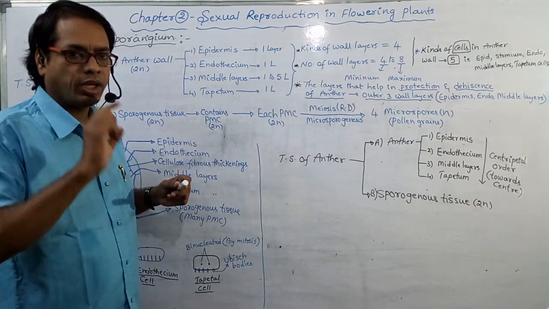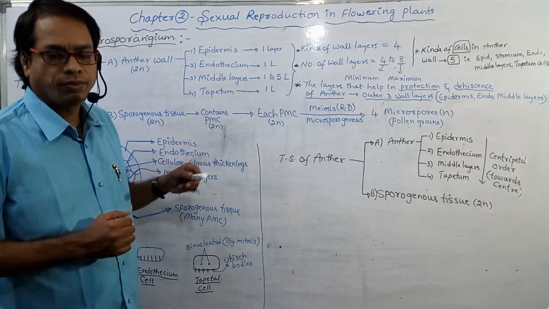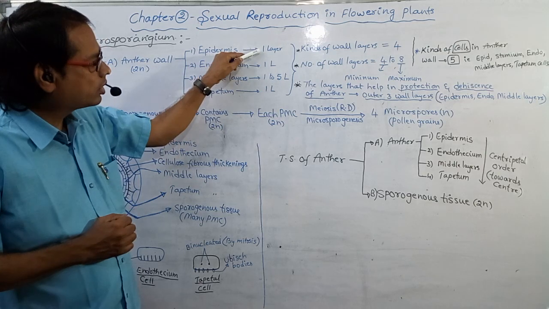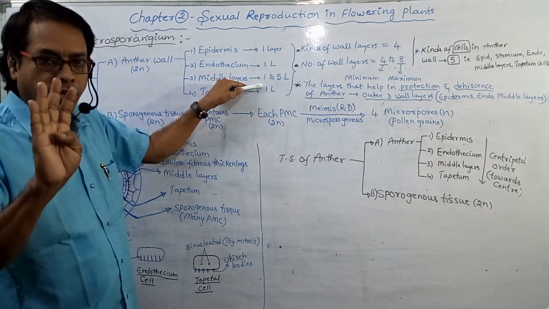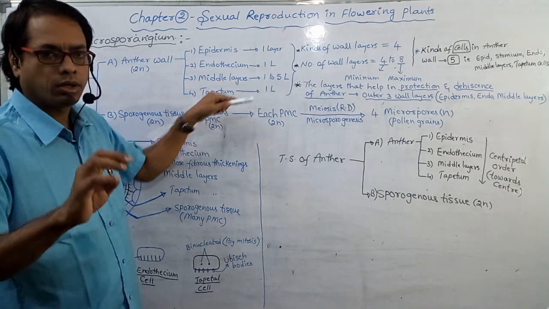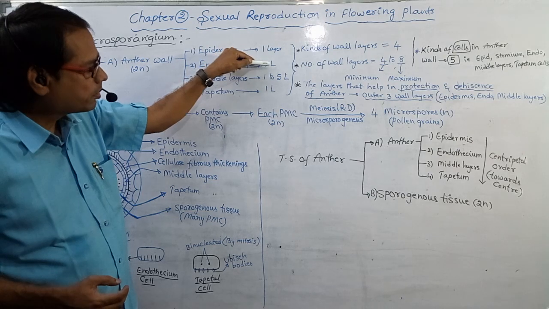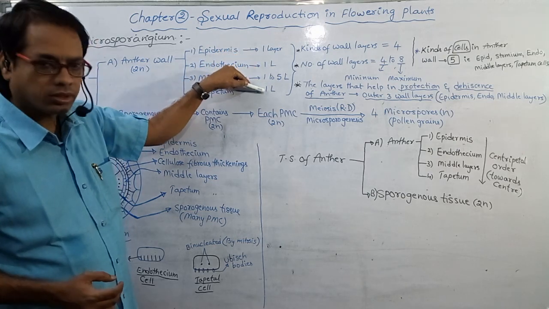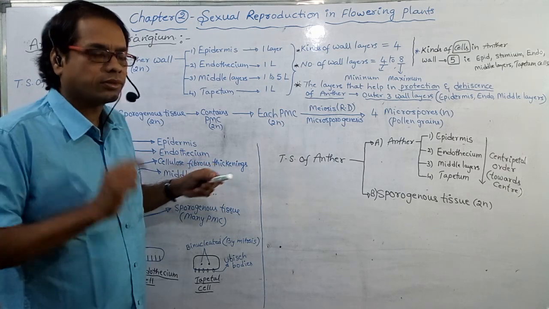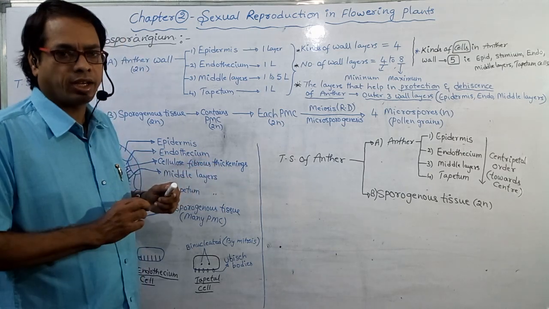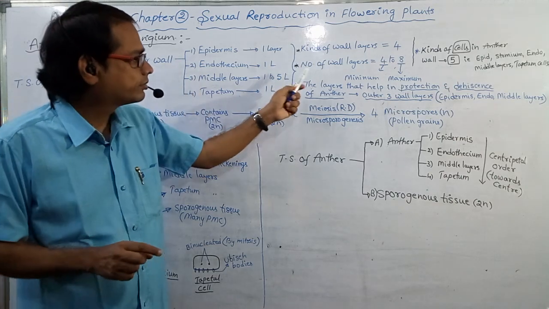How many layers means 4 to 8 layers. 1 plus 1 plus 1 plus 1 is 4. That is minimum number of layers. Maximum number of layers: 1 plus 1 plus 5 plus 1. That is 8. 4 to 8 layers are present in anther wall.